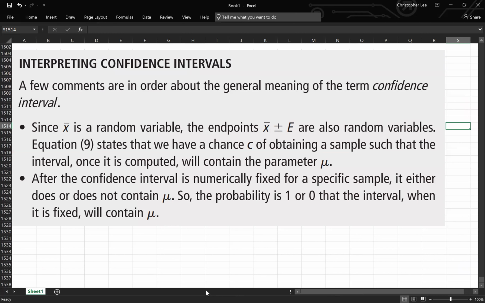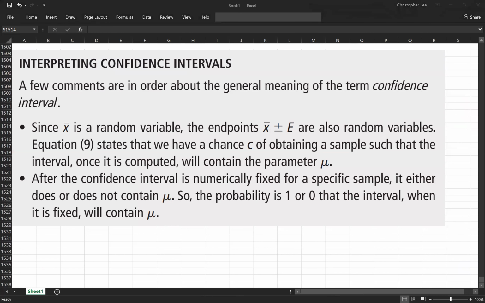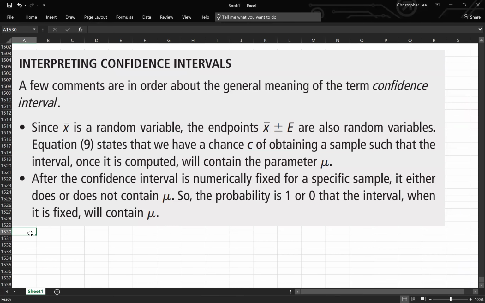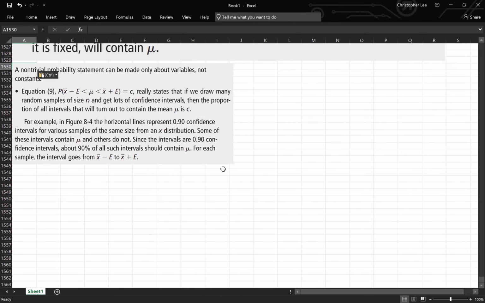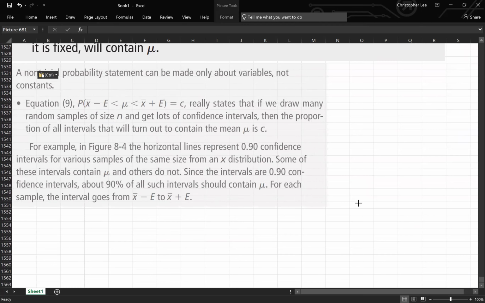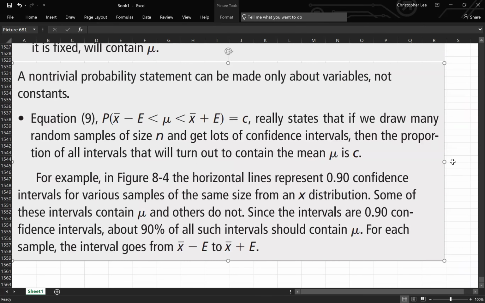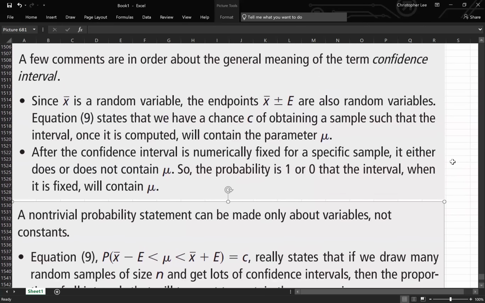All right. A couple more comments to be made. A non-trivial probability statement can be made only about variables, not constants.